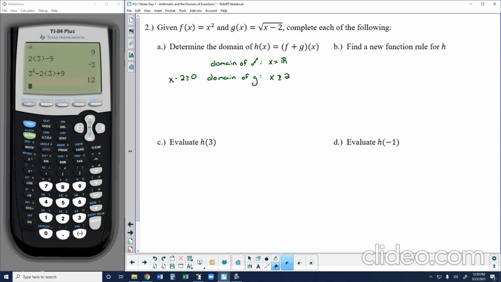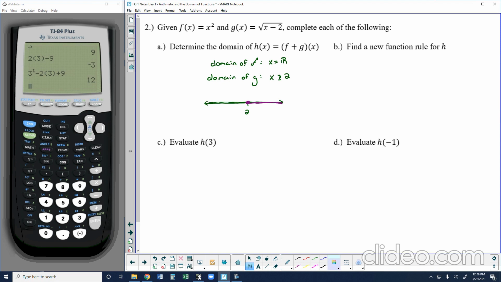So if we were to take this to a number line, the domain of f would shade everything to the left and to the right, including 2. It would shade everything. The domain of g would have a closed circle at 2 and shade everything to the right.